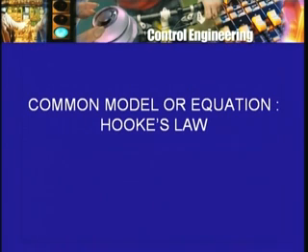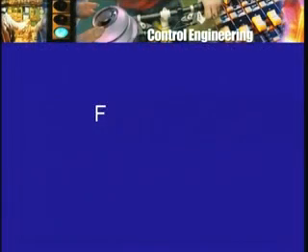And what is that? That is related to a law which is named after Hooke. So just as you have Newton's law, which is embodied in F equal to ma, you have Hooke's law, which will relate force to extension.